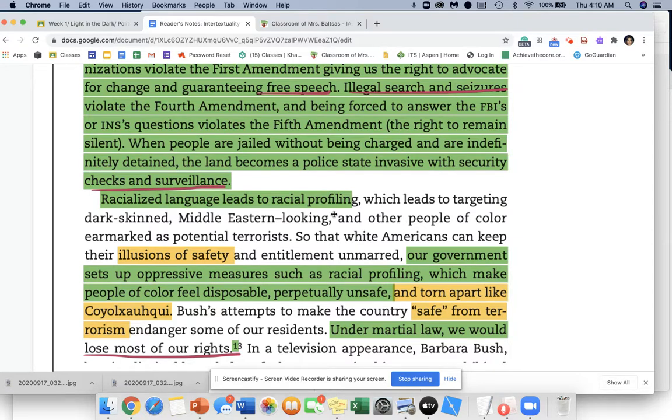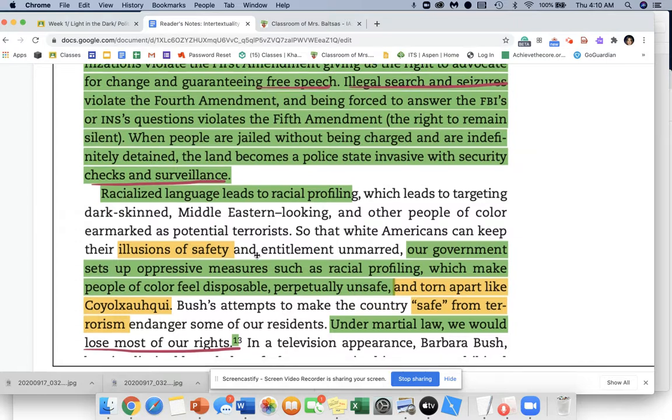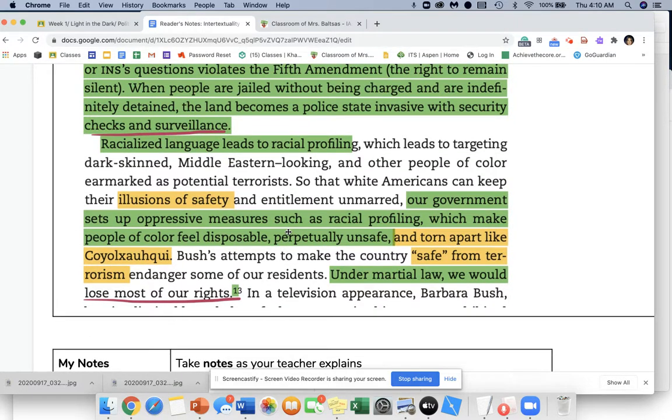All right, so it leads to targeting dark-skinned, Middle Eastern-looking, and other people of color earmarked as potential terrorists, so that white Americans can keep their illusions of safety and entitlement unmarred. Our government sets up oppressive measures such as racial profiling. When I see the word oppressive, I'm like, ooh, heavy, deep stuff here. Another form of power here. It makes people of color feel disposable, perpetually unsafe, and torn apart like Koyo Sokwi.